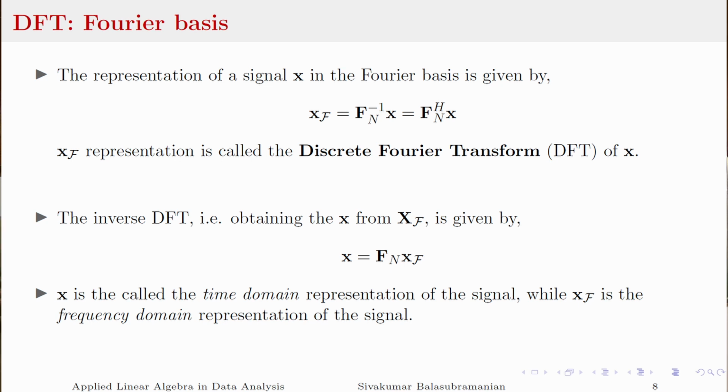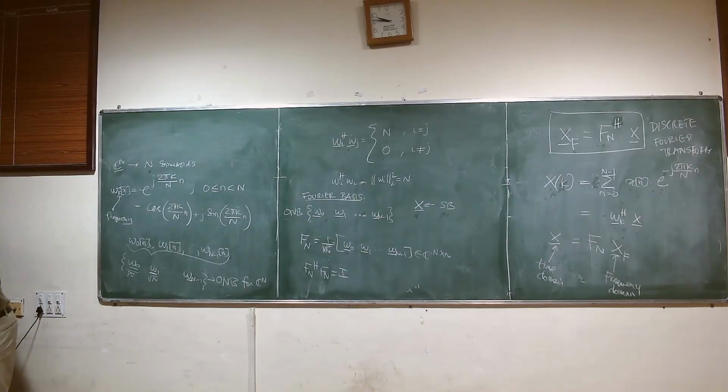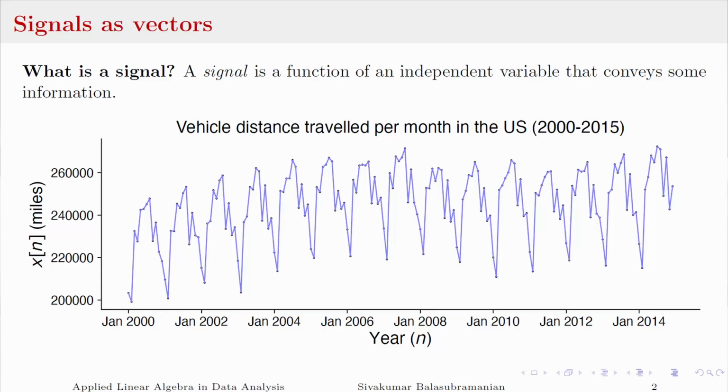Okay. Let's just look at an example. Let's say we're looking at some signal like this. This is some data that I pulled out from some US database. It's a measure of some variable x, vehicle distance traveled per month, which is plotted along the y-axis.